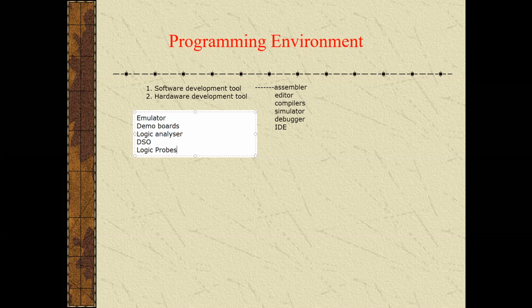So we have to write an assembly language program for operation of that particular device. This editor will help to write the program there. Then we can edit our program using this editor.